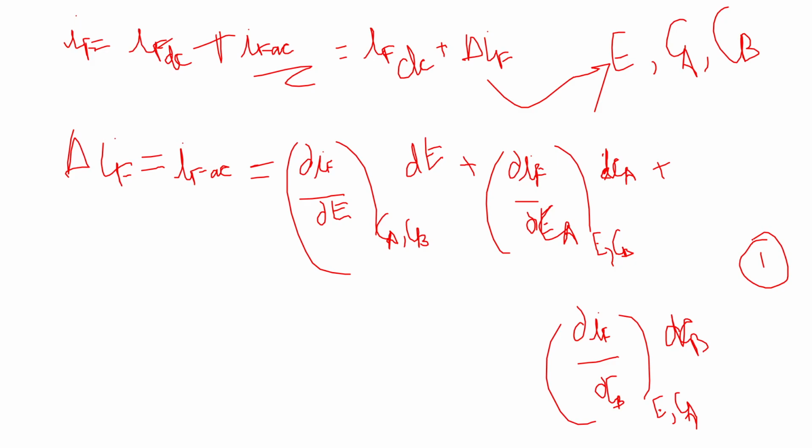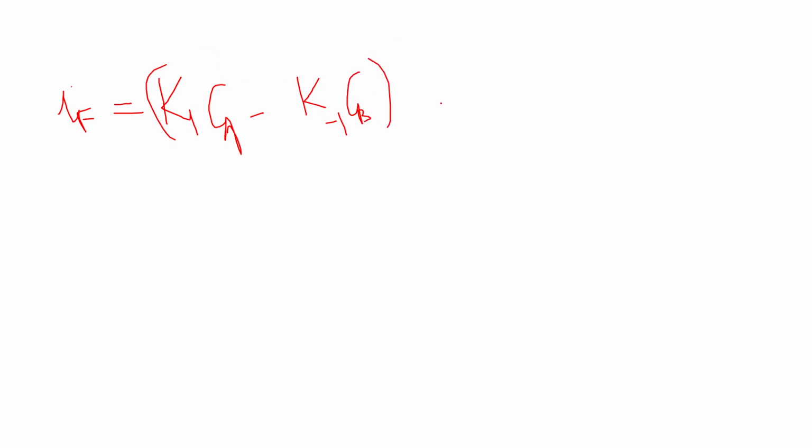So now the question is, what is IF? I can write IF as K1 CA, the same expression which we wrote before, minus K minus 1 CB, times F. Now what is K1?